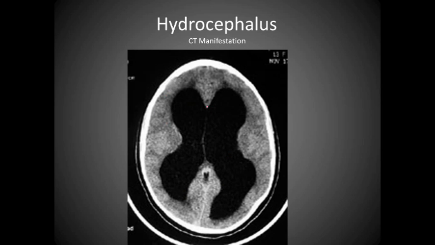Here's another image with very large lateral ventricles. As we can see, we have the septum pellucidum dividing here, but the lateral ventricles are quite large, and so it'd be very interesting to see how well this patient functions as well.